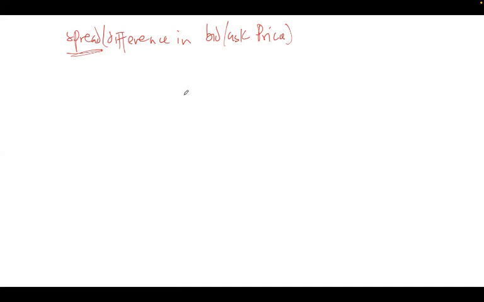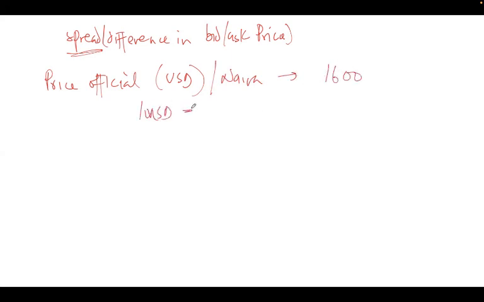Now, for example, let's say the official price of USD to Naira is 1,600, meaning that one USD is equal to 1,600 Naira.